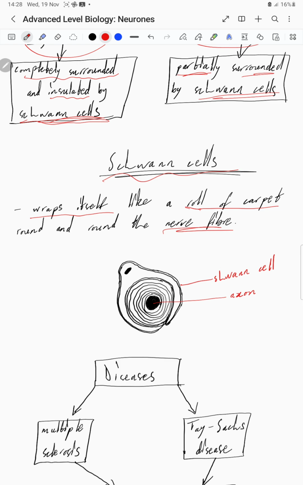The Schwann cell creates its membrane around the axon. This wrapping of the membrane is called the myelin sheath.